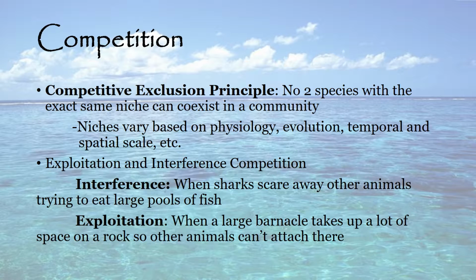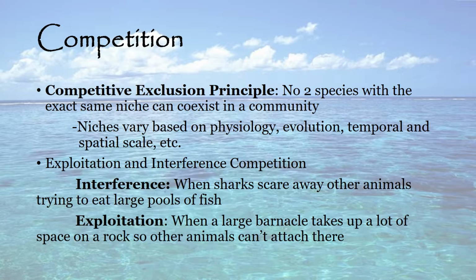And it's common sense really. No two species with the exact same niche can coexist in a community. And luckily, there's not a lot of species with the exact same niche because they vary based on physiology, based on evolution in time, temporal and spatial scale. So what time of the year they're there, where, how they migrate, etc.